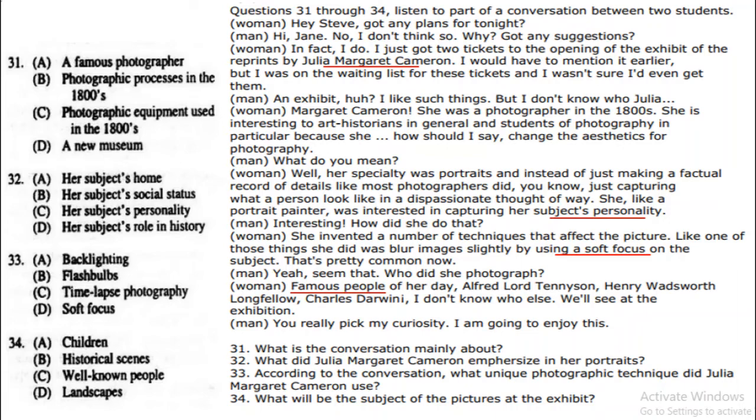Number 33. According to the conversation, what unique photographic technique did Julia Margaret Cameron use? Number 34. What will be the subject of the pictures at the exhibit?